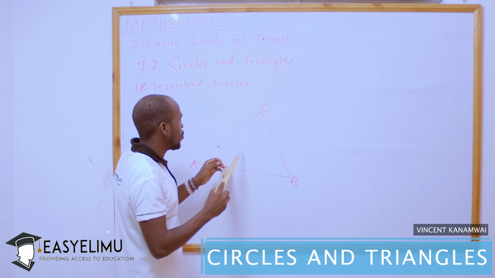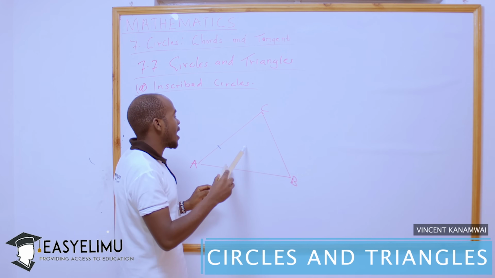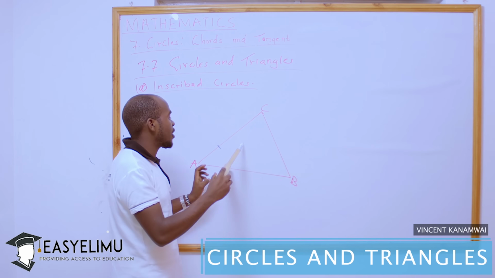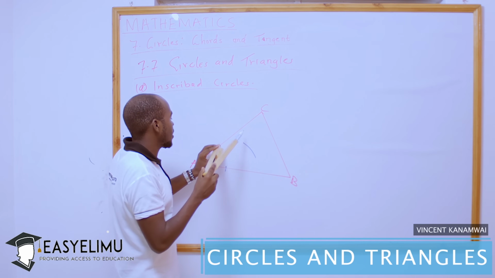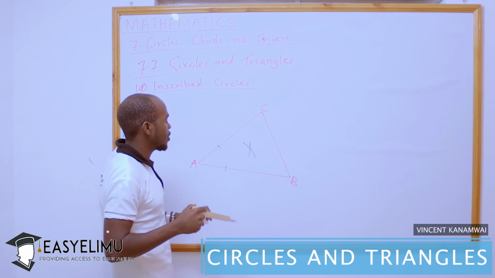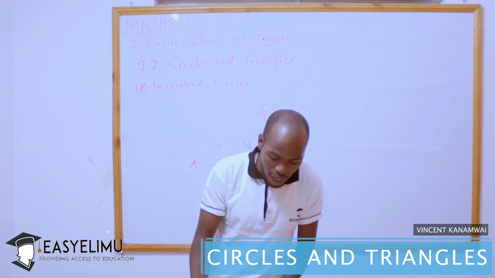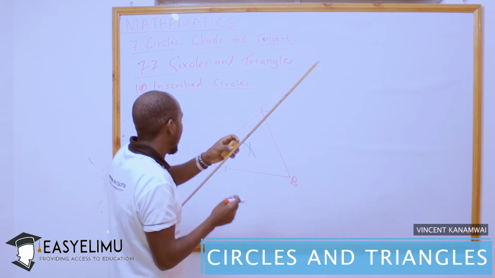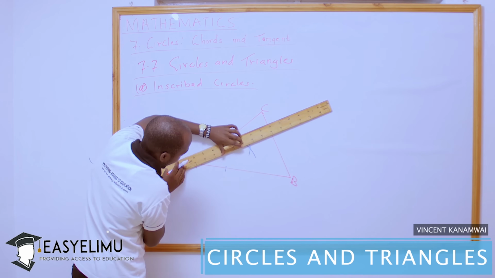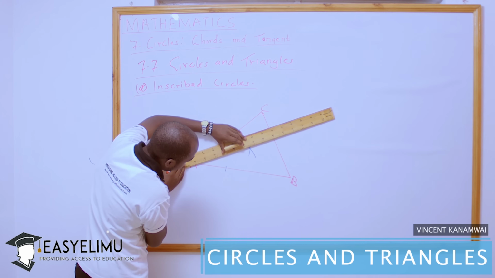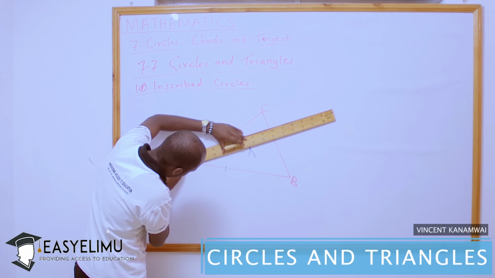Then after cutting the two lines, using the same radius, make arcs at the center of that triangle. After doing that, join the point where the two arcs intersect with the angle, and you will find that the angle is bisected into two equal parts.